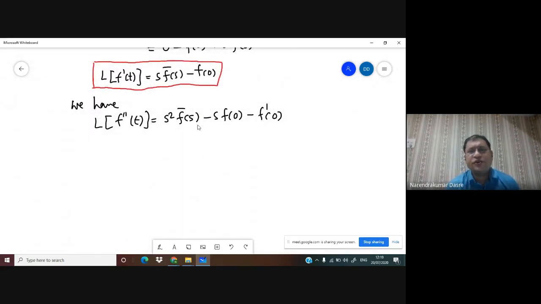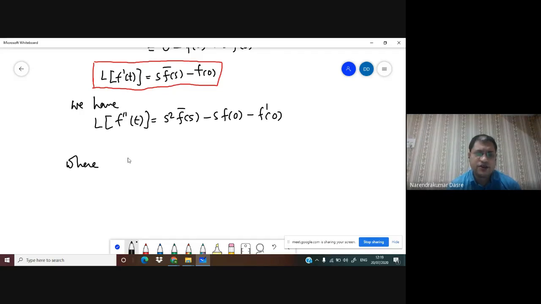Now we know f bar of s, but we don't know how to get f of 0 and f dash at 0. These terms f at 0 and f dash at 0 will always be constants. If they are given, we have to use them.